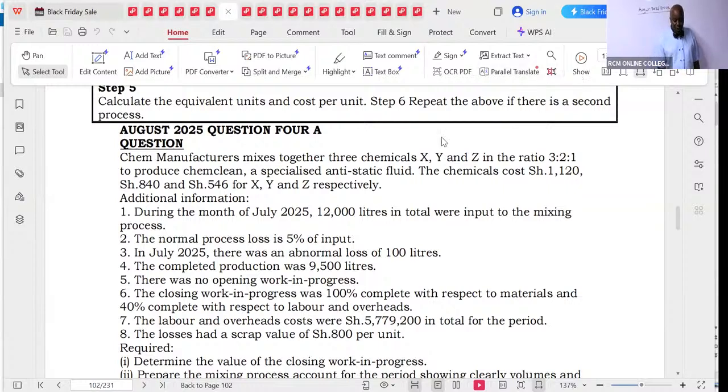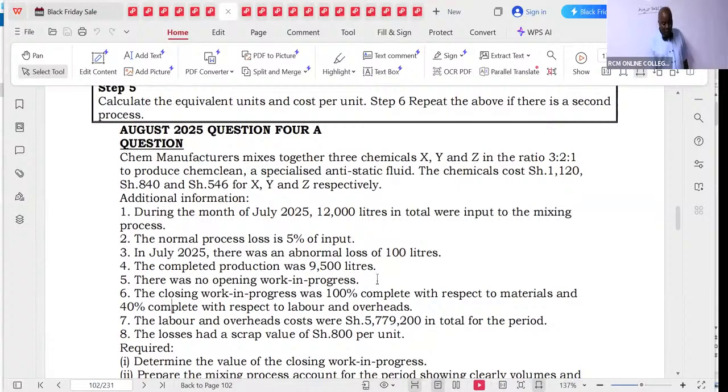Additional information: during the month of July 2025, 12,000 liters in total were input to the mixing process. The normal process loss is 5% of input. In July 2025, there was an abnormal loss of 100 liters. The completed production was 9,500 liters.